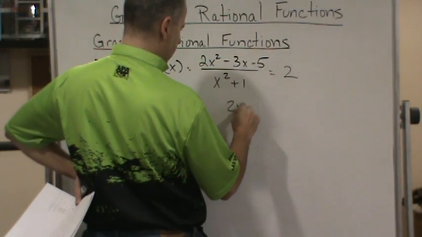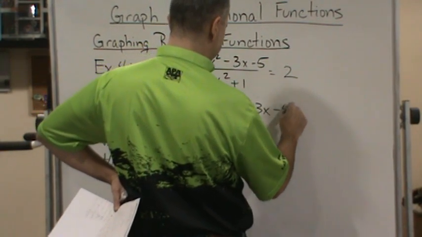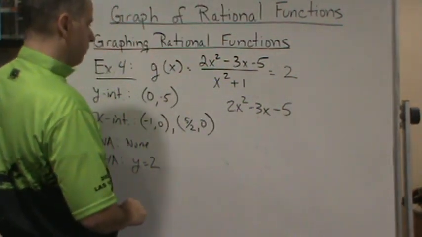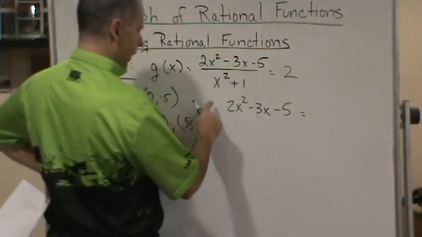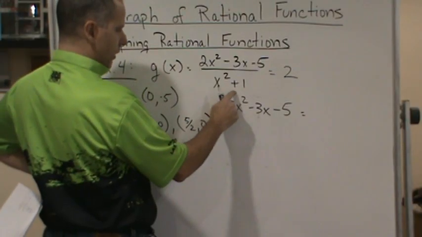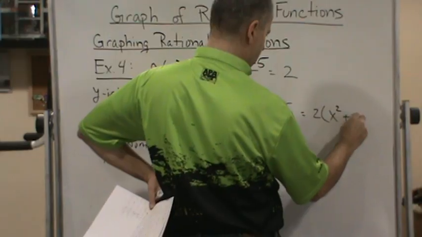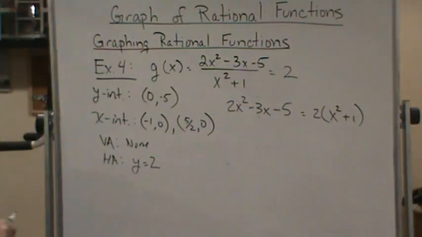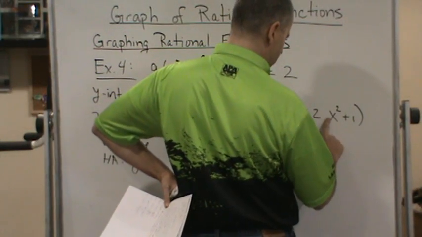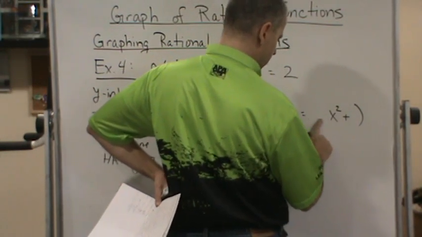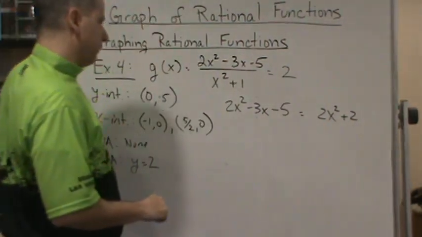So that's going to give me 2x squared minus 3x minus 5 equals, I'm going to multiply both sides by x squared plus 1. So that's going to give me this, right? So now if I distribute the 2, I get that.